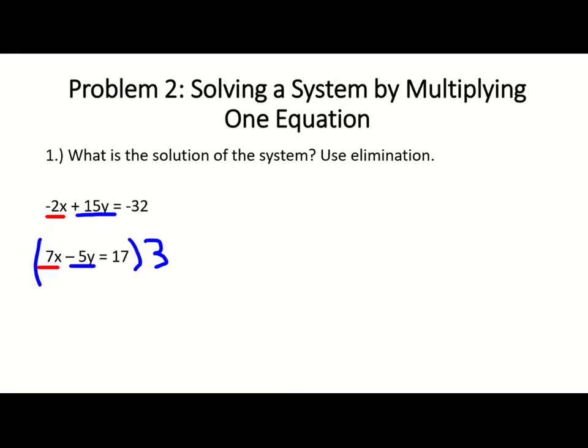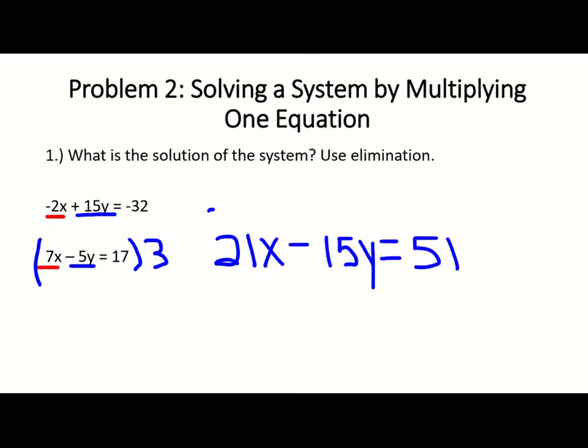That's going to give me a new equation of 21x minus 15y equals 17 times 3, 51. My top equation's the same. I'm just going to rewrite it over here. Negative 2x plus 15y equals negative 32.